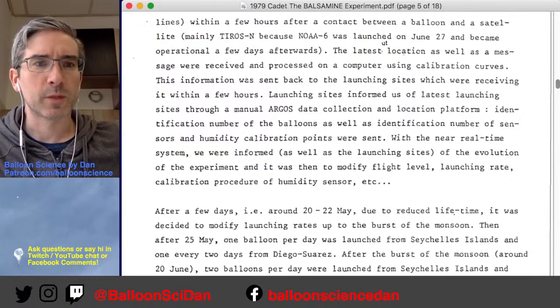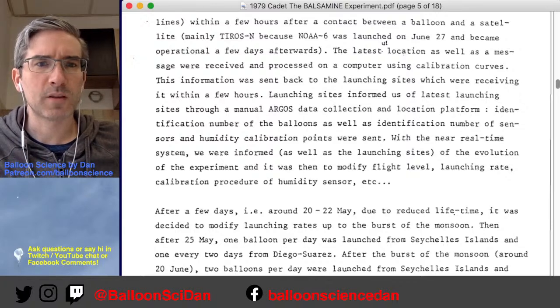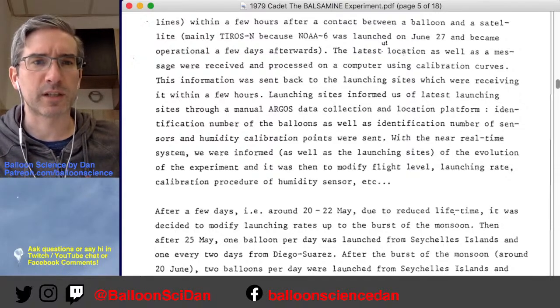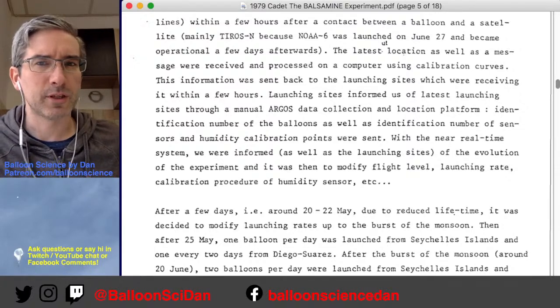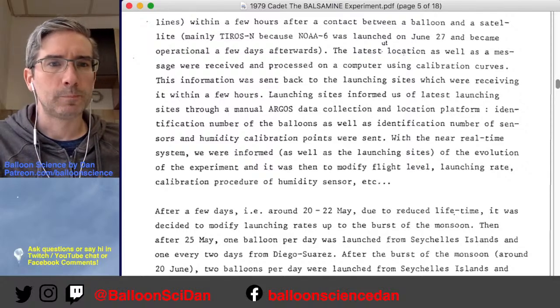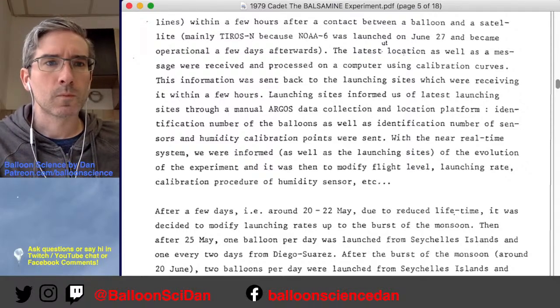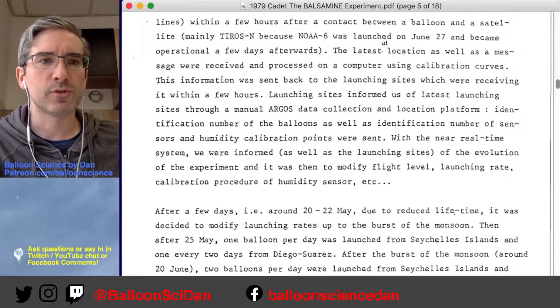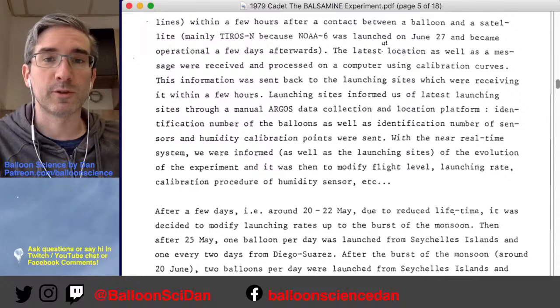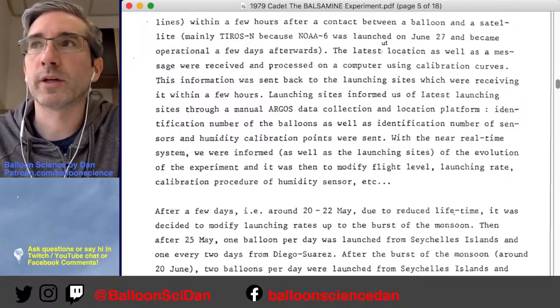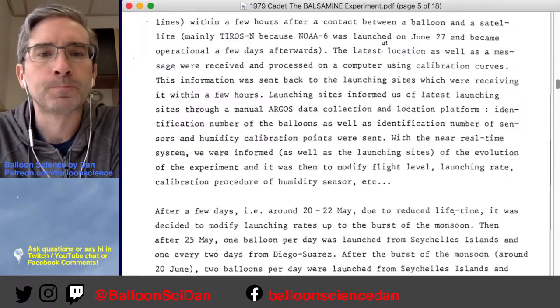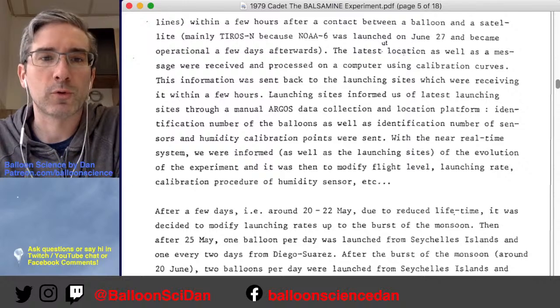With the near real-time system, I think that means they had a receiver to downlink satellite data at the launch site, maybe? No, sorry, it was a transmitter. This was to send all the calibration data per balloon to Mission Control in France.